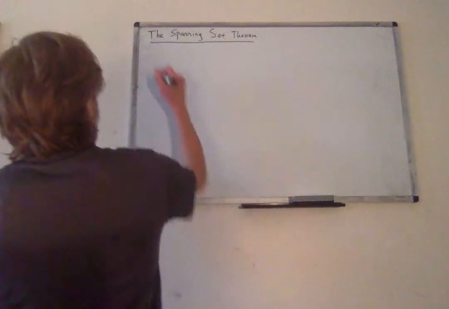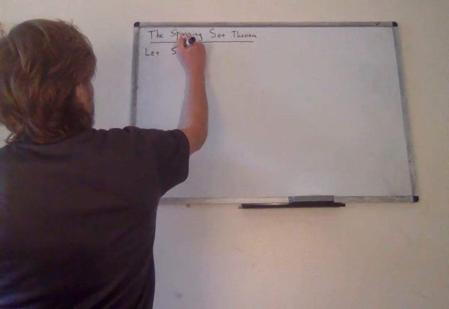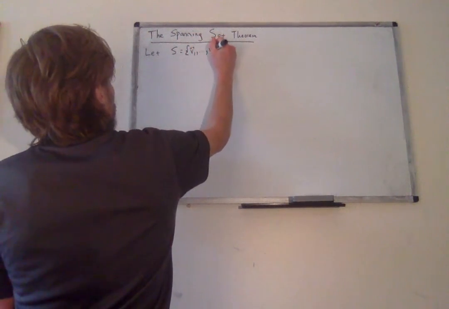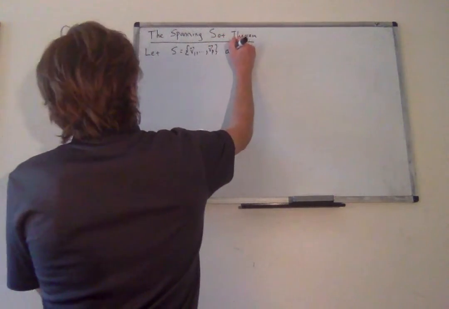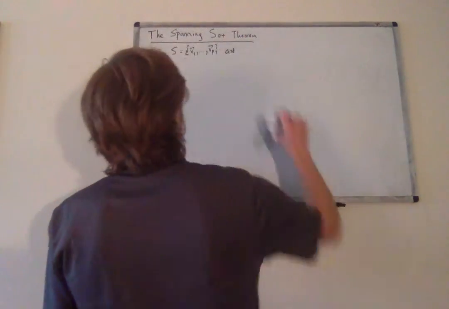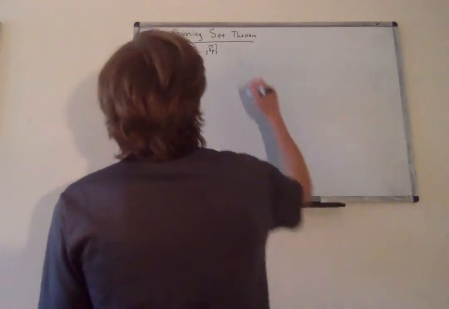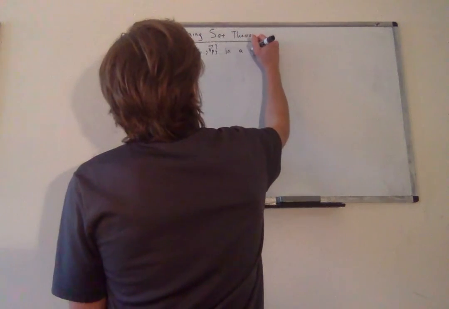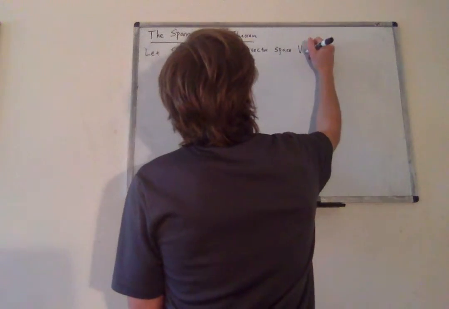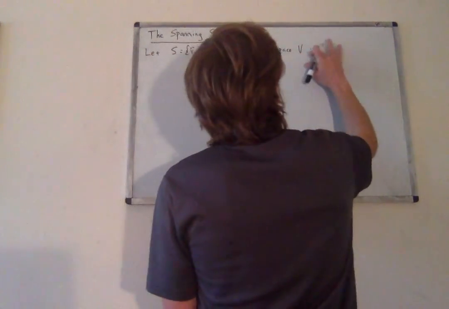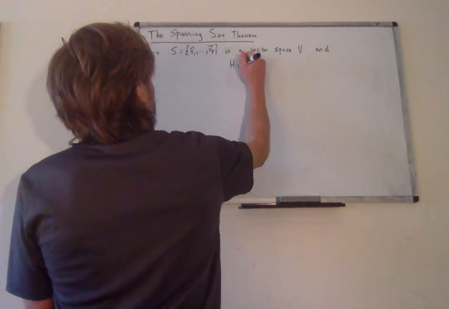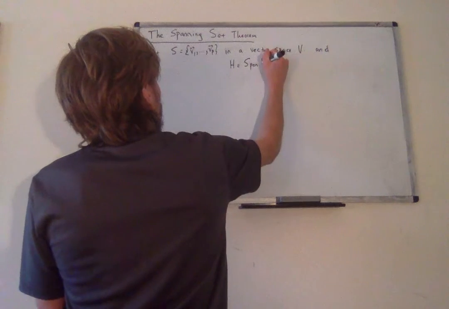So the spanning set theorem says that if we let S be a set of vectors v1 through vp in any vector space V, and we let H be the span of this set of vectors.